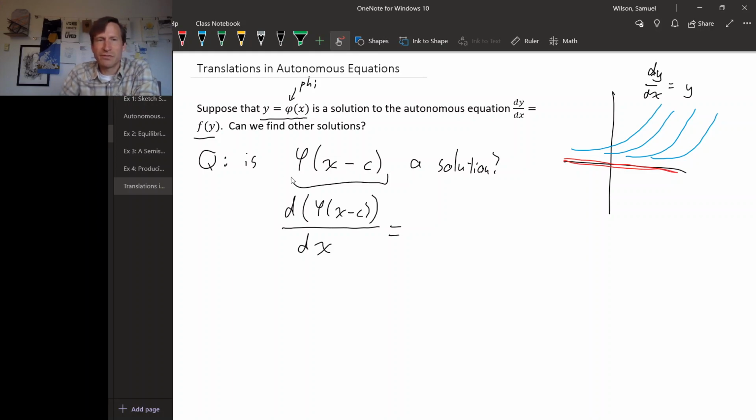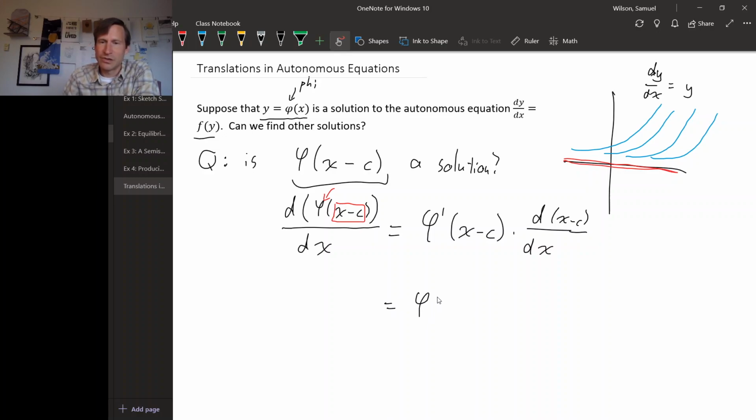So to take the derivative of this, we have to be a little careful. This has an inside function, which is x minus c, and an outside function, which is just phi. So we have to use the chain rule. And the chain rule says you take the derivative of the outside function, you put the inside into it, and then you multiply by the derivative of the inside function. And the inside function is x minus c.